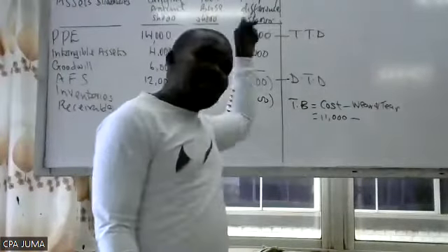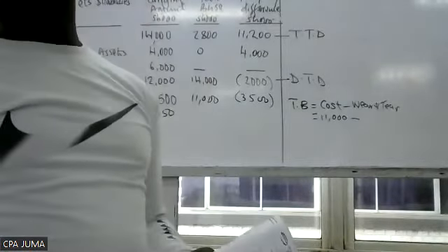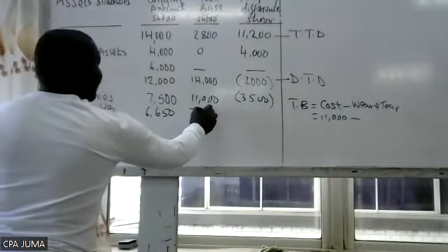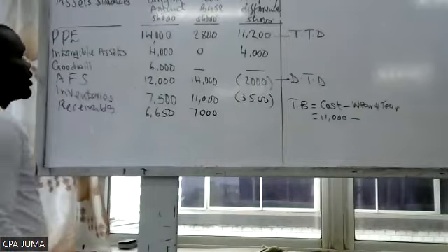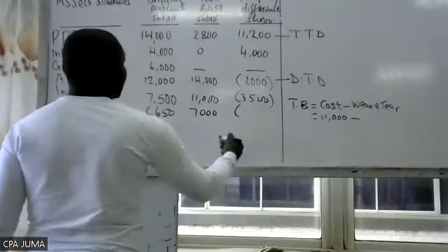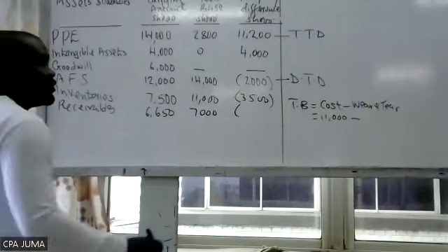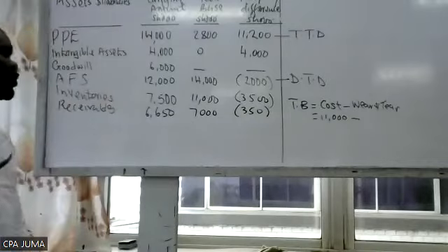If there is, then the cost is the tax base. So what do you get when you take it back to 100? 7,000. So back to 107. There is no capital allowance. So even receivables should be taxed on sale, though not always. So the difference is how much? 350. Deductible.